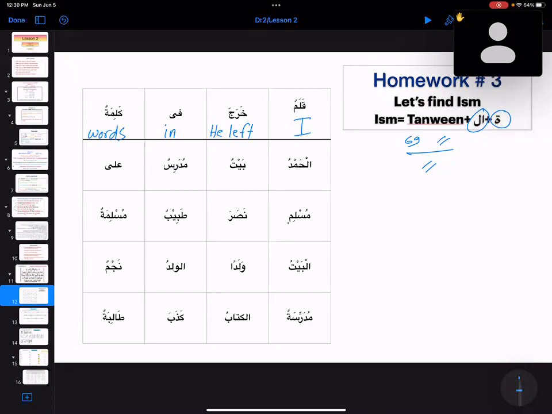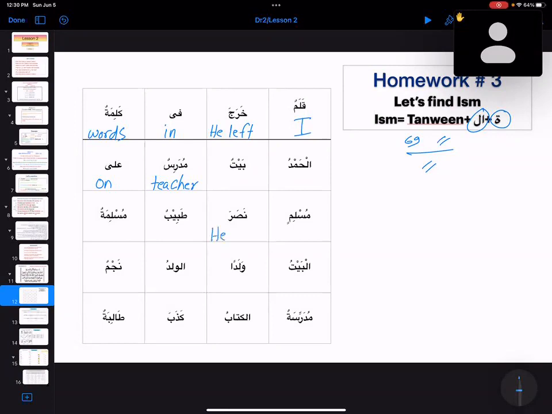Okay, and alhamdu means praise and gratitude. We should know that word. Baitun, we should know. Mudarrisun means teacher. Ala means on or upon. Muslimin means Muslim.